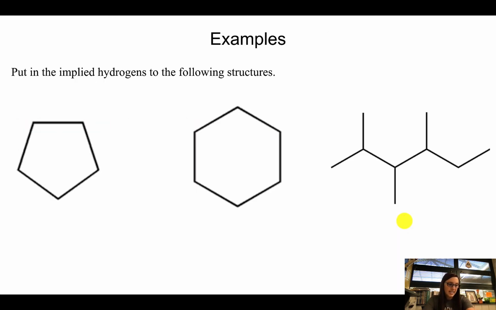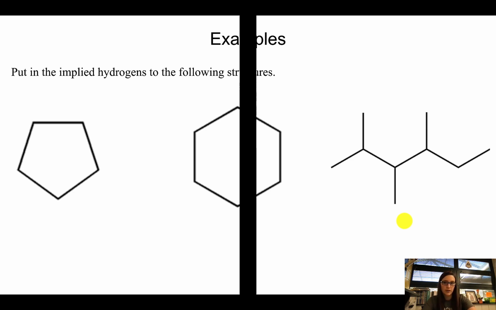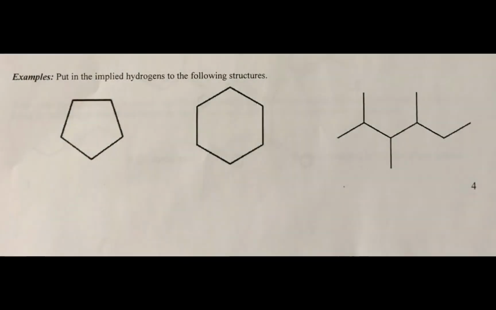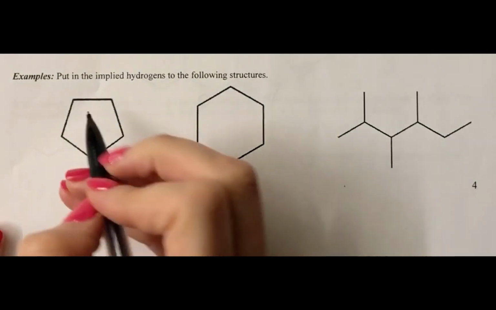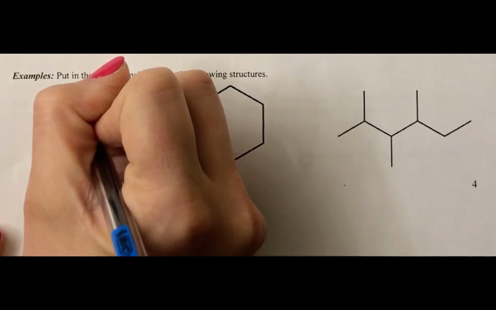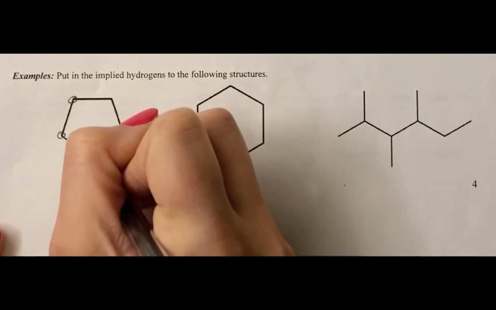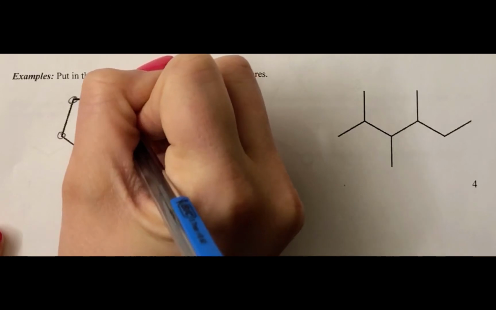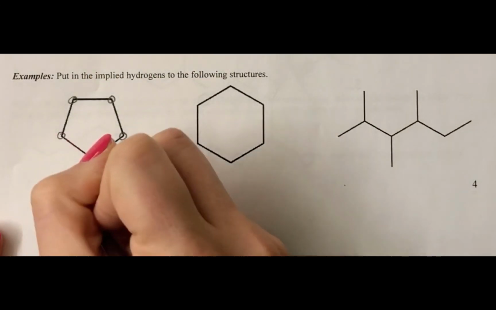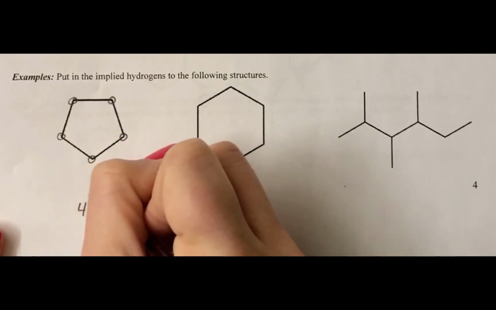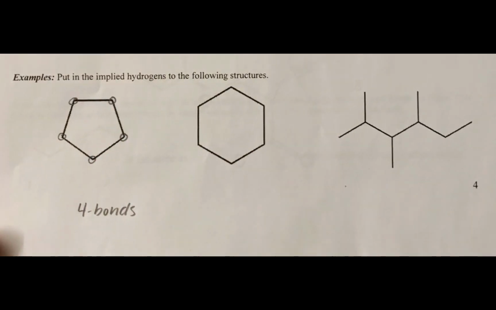So looking at these examples, it says put in the implied hydrogens to the following structures. When we want to look at these implied hydrogens, remember first we want to identify where the carbons are. So we have 1, 2, 3, 4, 5 carbons here. Each carbon needs to have 4 bonds. So every carbon should have 4 bonds, whether it's to another carbon or to a hydrogen.